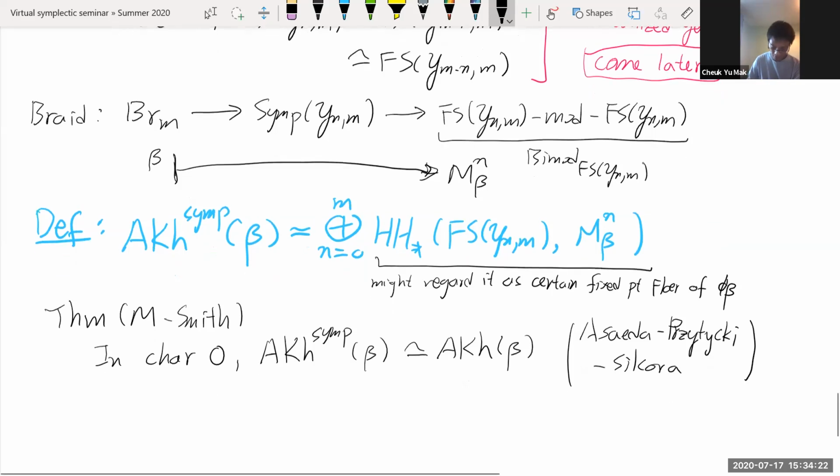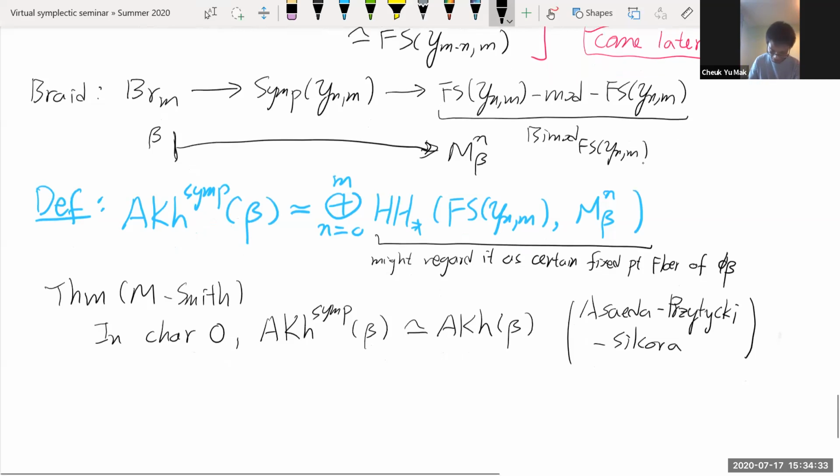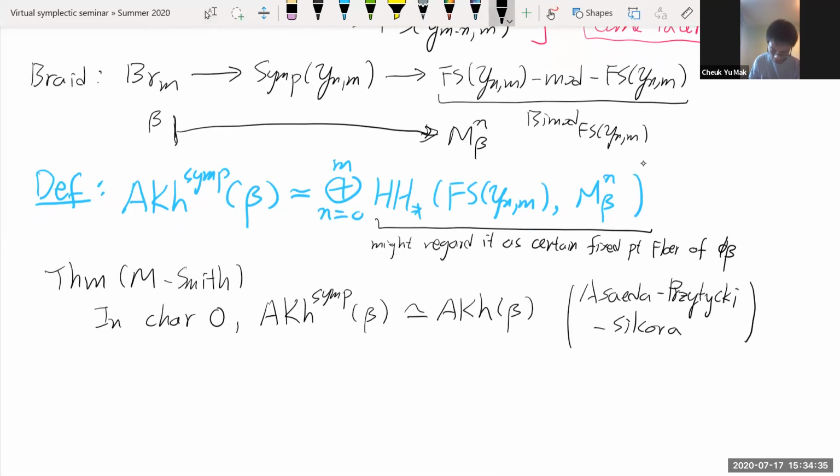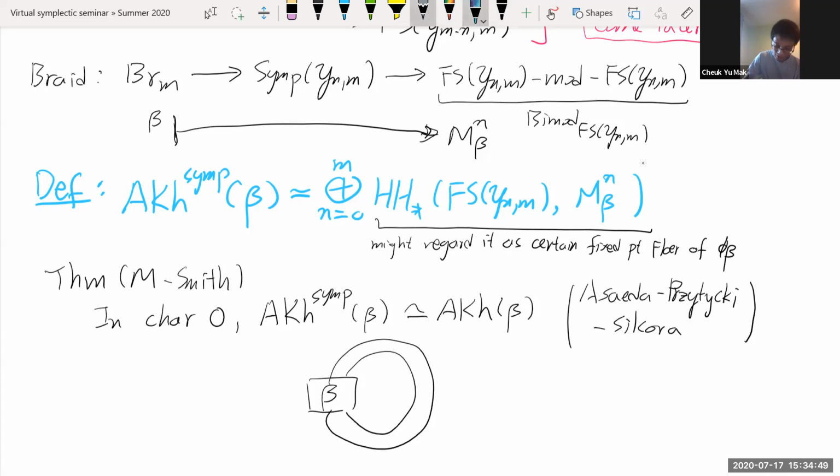So in particular, it is an annular link invariant. Actually, you can already see that it is an annular link invariant because it is a direct sum of Hochschild homology. By annular link invariant, I mean you have your braid beta, and then you can take the braid closure, but now you regard it as a link inside the solid torus.